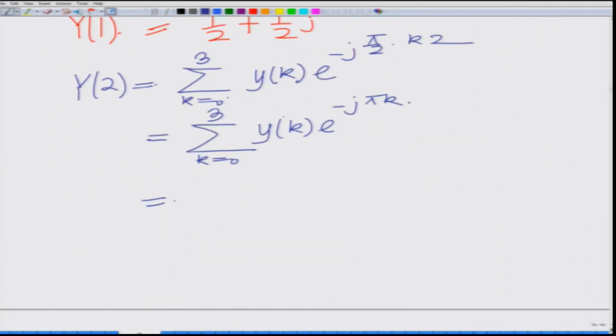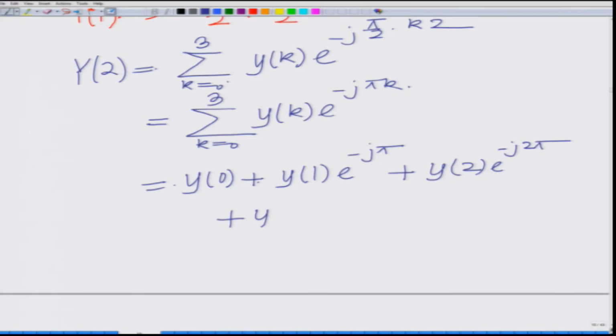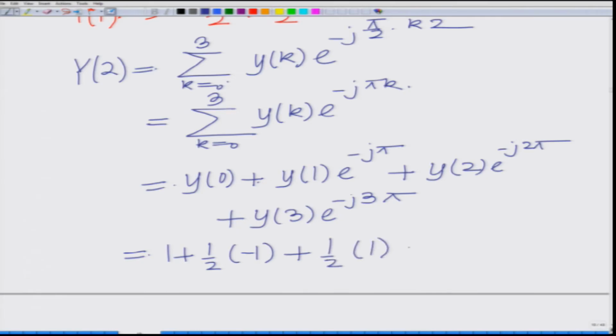So, just to correct this, replacing the small x's by the small y's, what I have is y0 plus y1 e raised to minus j pi plus y2 e raised to minus j 2 pi plus y3 e raised to minus j 3 pi, which is equal to 1 plus half into minus 1 plus half into 1 plus 1 into minus 1.